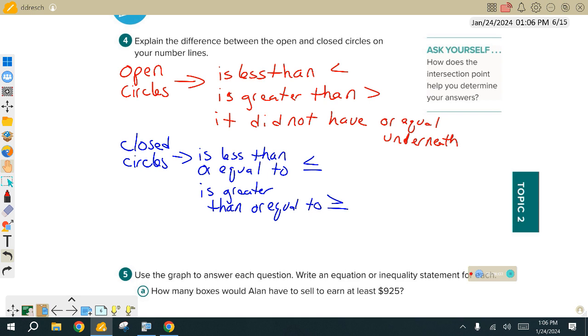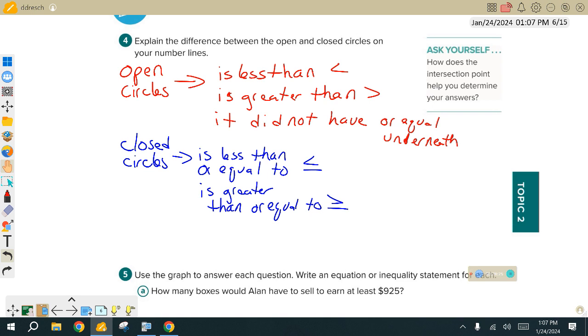Now, the last bits and pieces that we're going to see today, we're going to change around Alan's goal just a little bit. Maybe somebody donated some extra money for Alan's camping troop. Here, Alan maybe doesn't have to get $1,600. It says Alan actually only needs to earn at least $925.